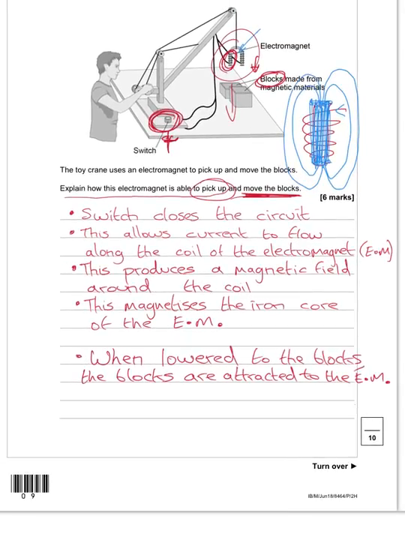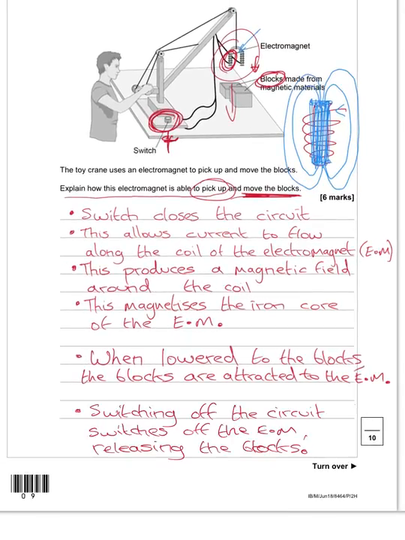And then finally, you might be tempted to then say the whole thing in reverse and talk about what happens when the current stops flowing and the switch is opened. But I feel like for 6 marks, it's only a 6 marks question. By the time you've got to this point, you have fully explained how an electromagnet is set up. I think it's fairly implied that if you undo the switch, then everything is reversed.